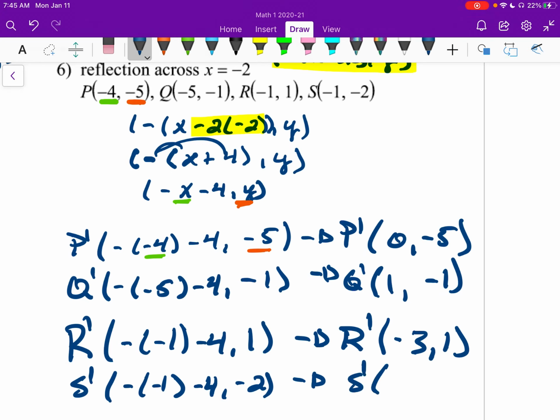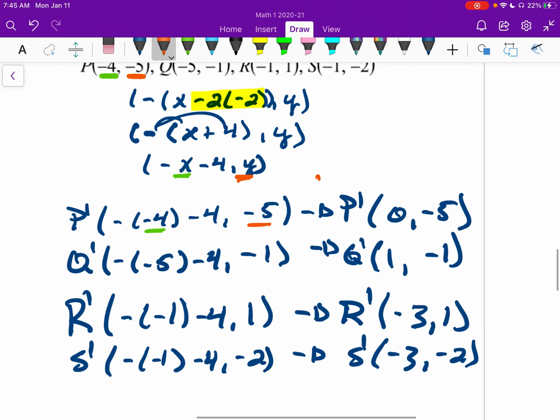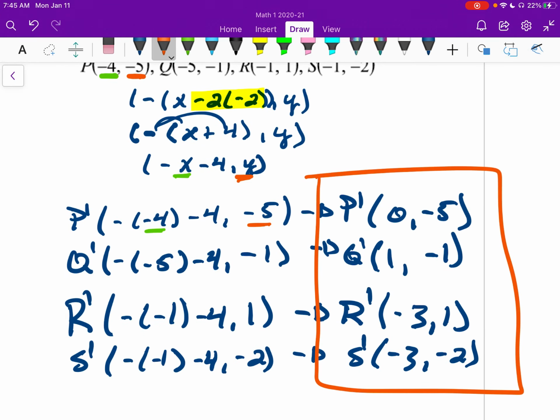So S prime will be 1 minus 4, which is negative 3, and negative 2. So that is my answer. Now, I know I went through that a little bit fast. Each of these, you are welcome to type into a calculator if you don't want to do those in your head.